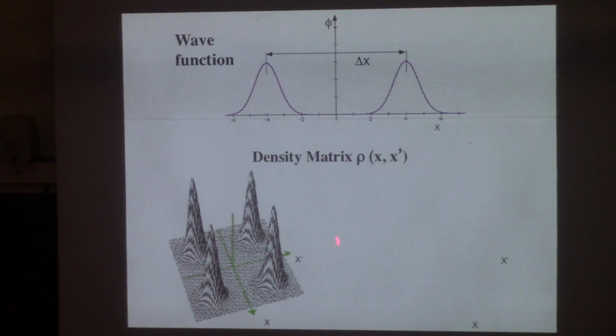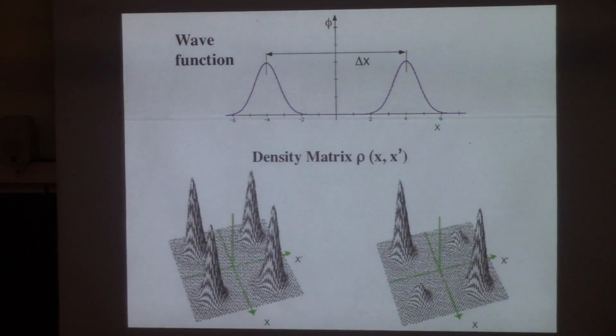They correspond to possible locations of the particle, but then it will also have two peaks of equal height away from the diagonal, and they contain information about the coherence between the two peaks on the diagonal. The equation we've had before is going to leave the peaks on the diagonal untouched, but is going to diminish the peaks away from the diagonal. This is how coherence gets lost. You end up with either here or there.